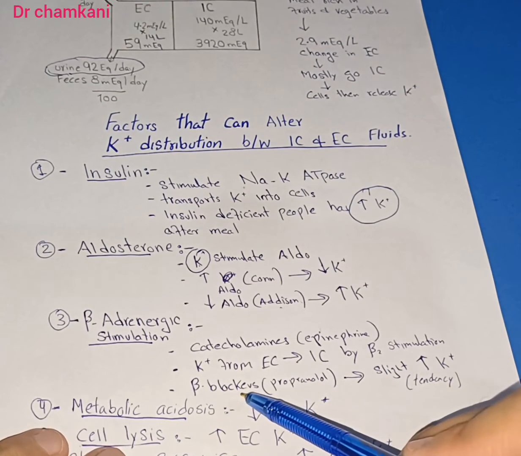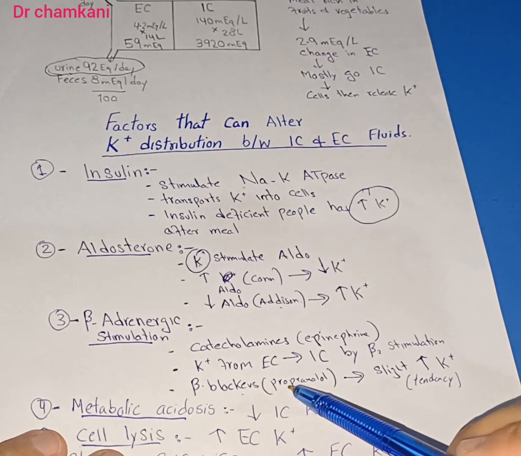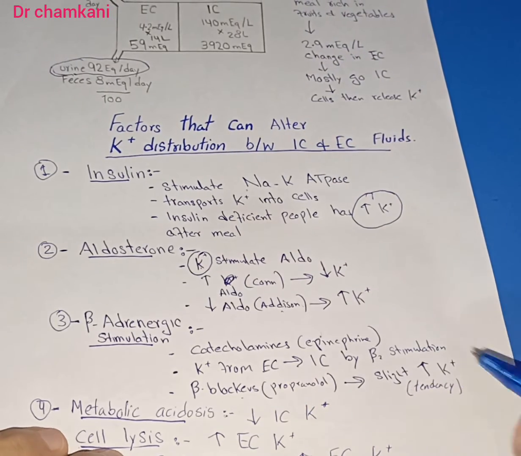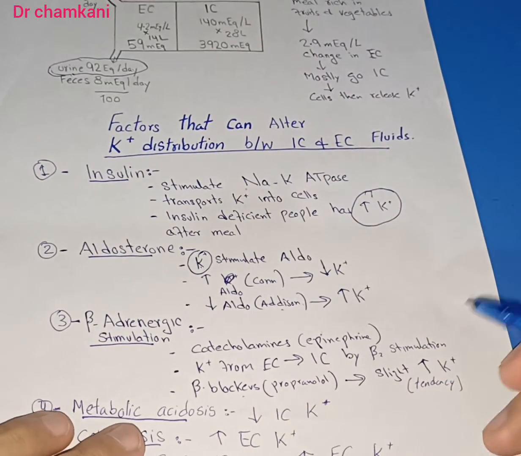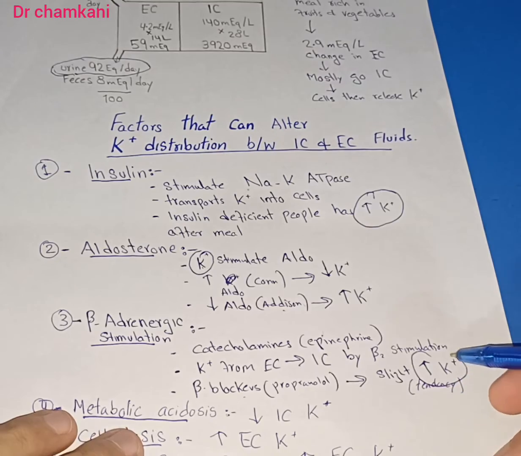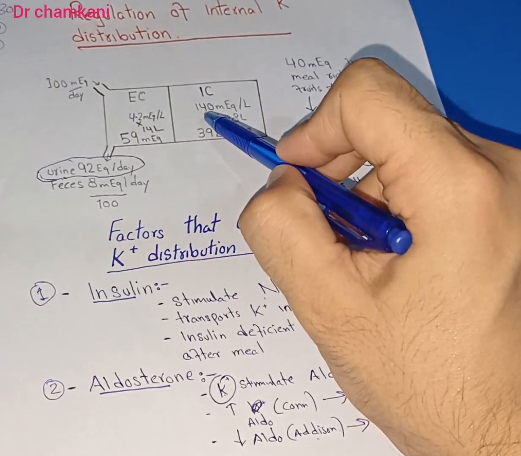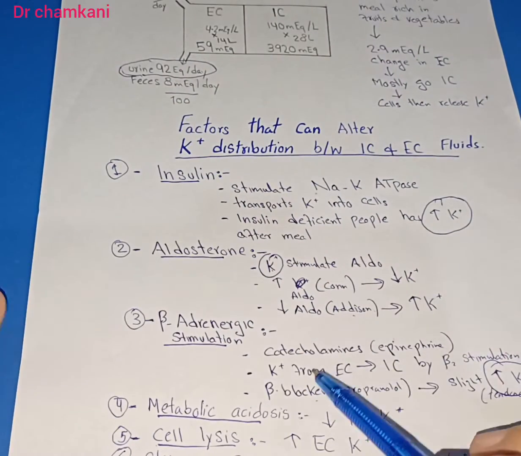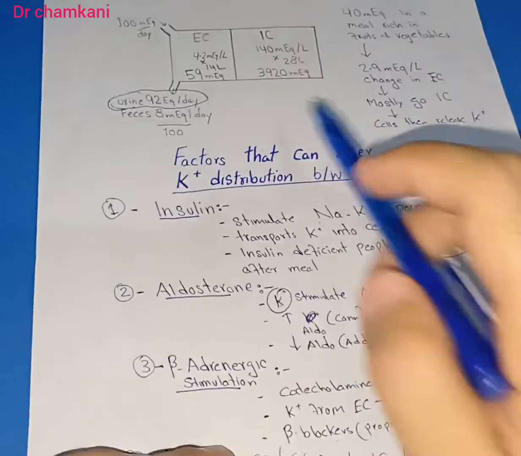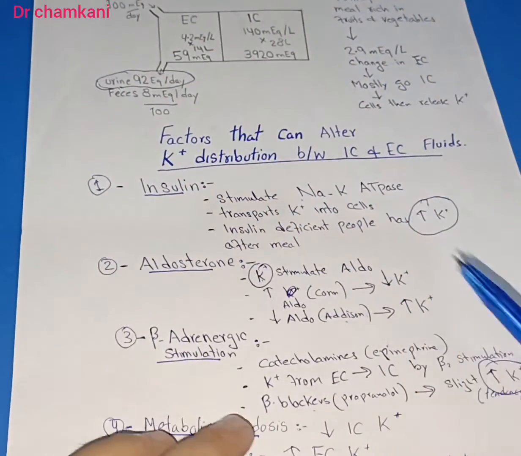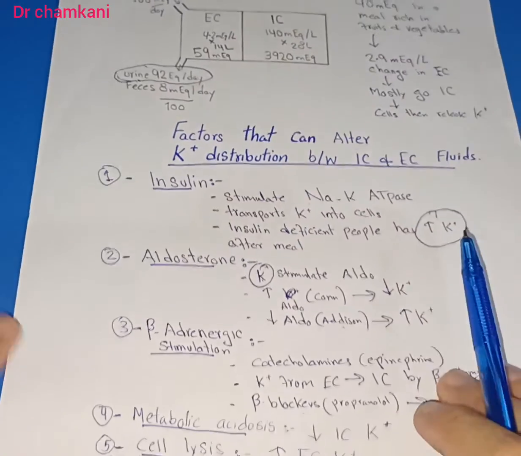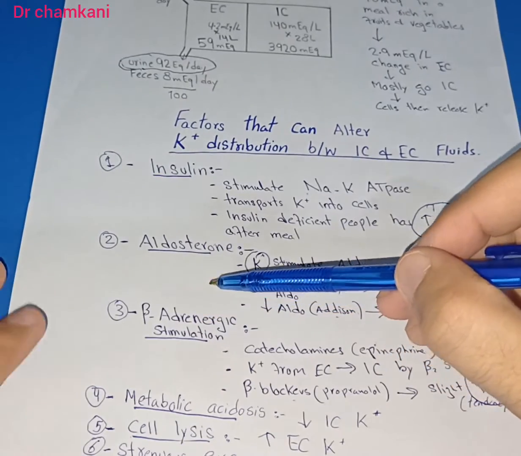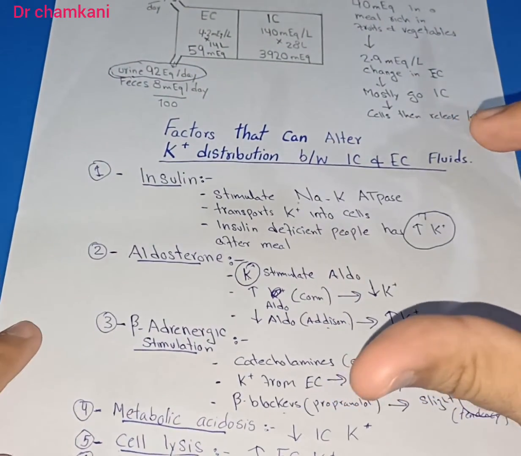If the beta receptors are blocked with drugs like propranolol, then there is a slight tendency towards high potassium in the blood, because potassium cannot shift from the extracellular space into the intracellular space through the beta receptors. So beta-adrenergic stimulation shifts potassium into the intracellular space, and beta blockers will stop that.